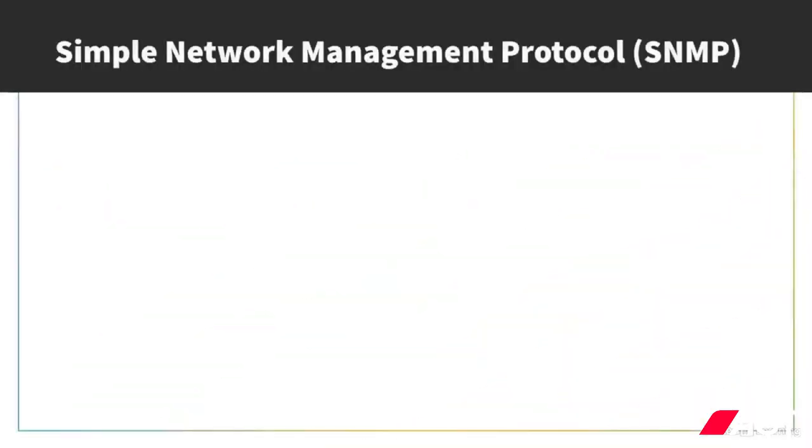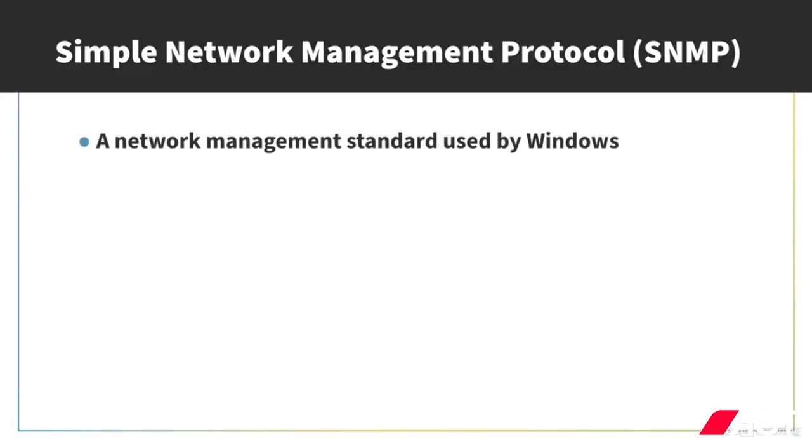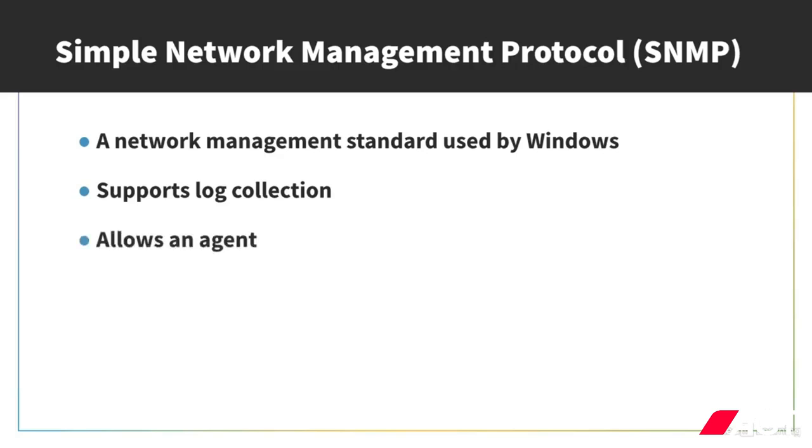Simple Network Management Protocol, or SNMP, is the standard Windows uses to support log collection. SNMP allows you to enable an agent program on a Windows machine. The agent program monitors and looks for events to be sent to a central log server. In the SNMP lingo, the messages an SNMP agent generates are called traps.